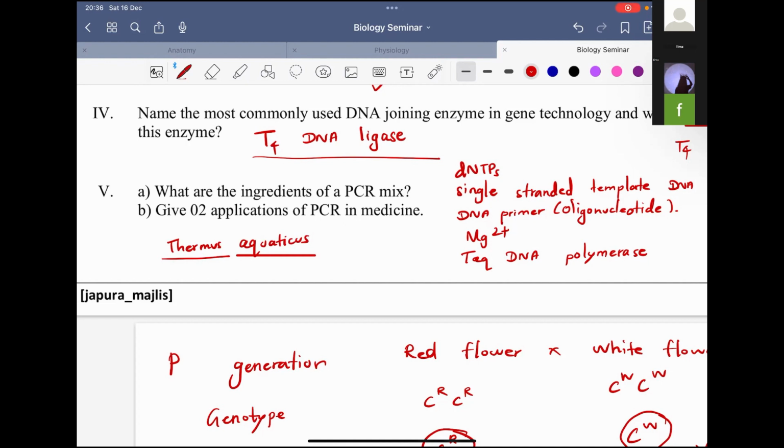It is because at some point we will heat the mix to 95 degrees Celsius, a very high temperature, where the denaturation is done, by heating the PCR mix to 95 degrees Celsius.